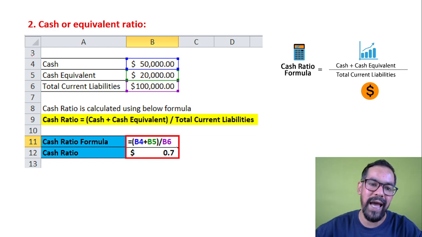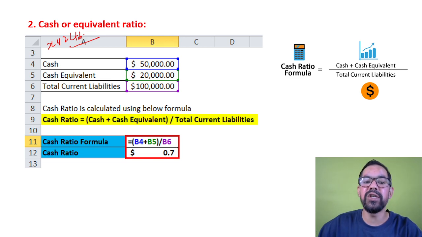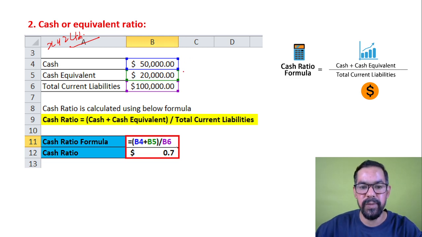Let's say there is a company, XYZ company. Here the cash is 50,000 and cash equivalent is 20,000. So this plus this is 70,000. The current liabilities are 1 lakh.